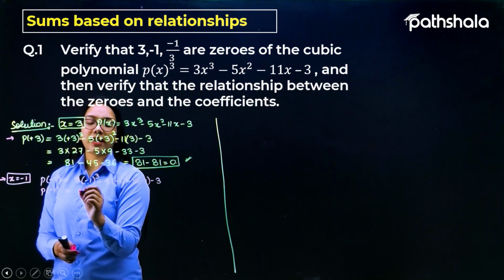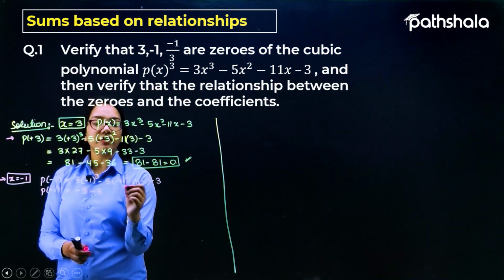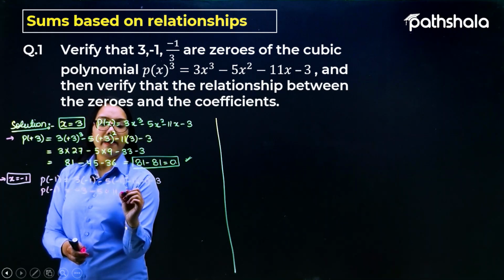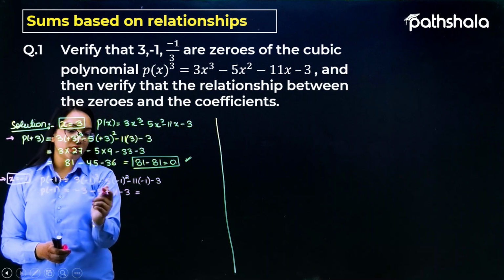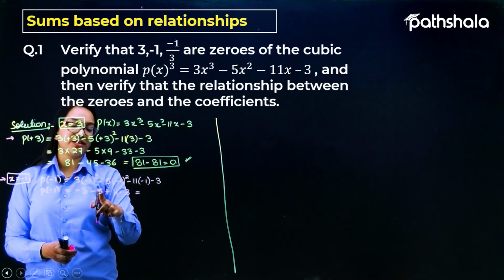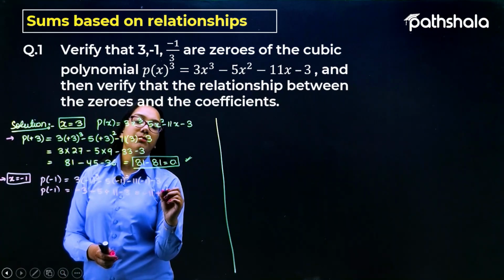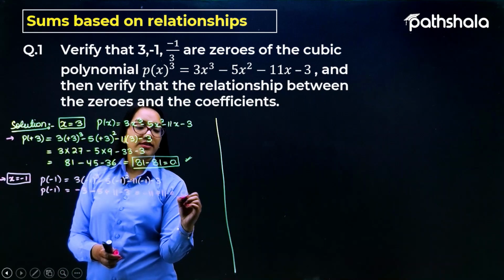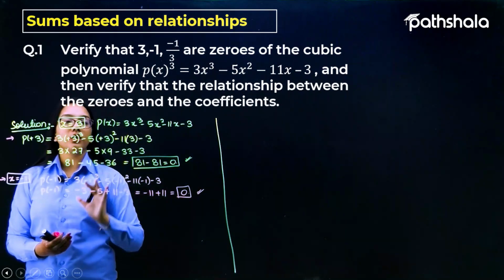Minus 1 whole cube is again minus 1, so it is minus 3; minus 1 whole square is positive, so minus 5; minus times minus is plus 11; minus 3. Now let's take the negative elements first. It is minus 3 minus 5 minus 3, which is minus 11. So it is minus 11 plus 11, which is equal to 0. Hence again it is verified that this is a zero of this particular cubic polynomial.